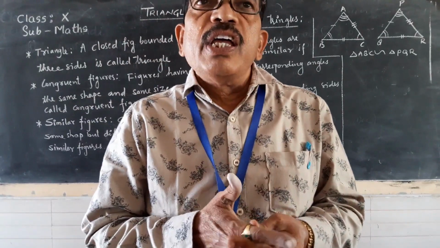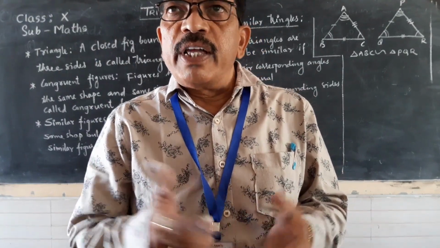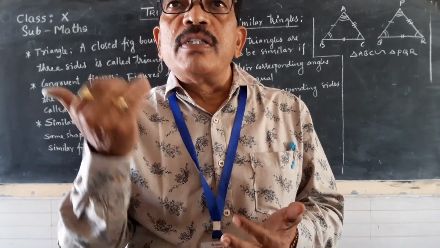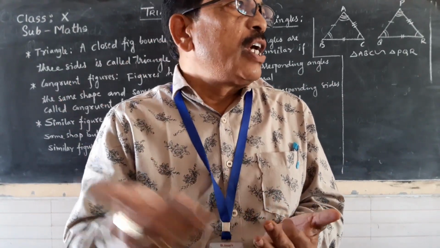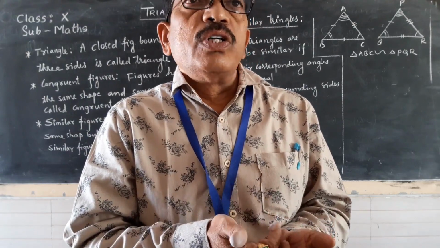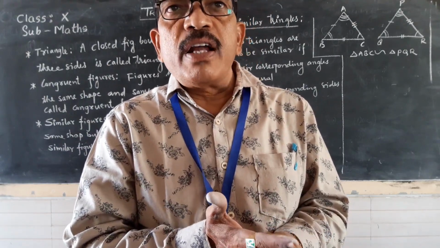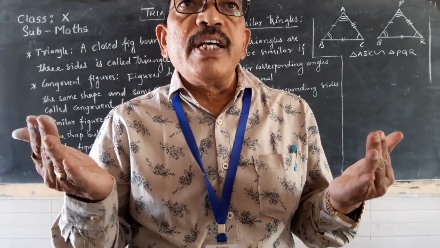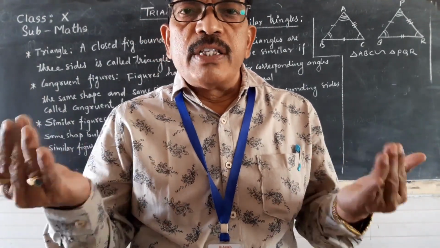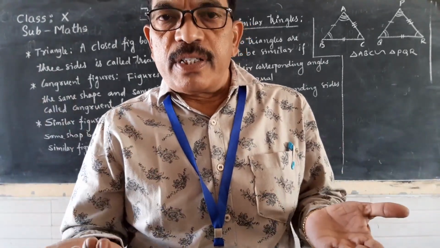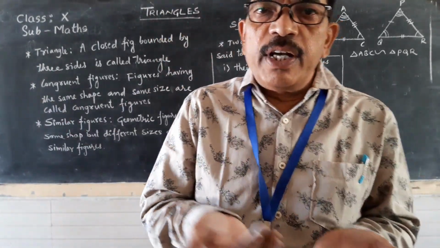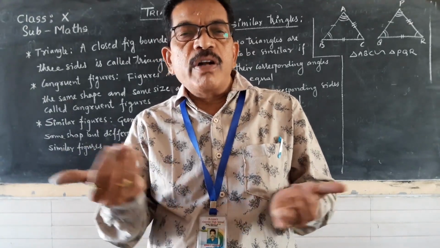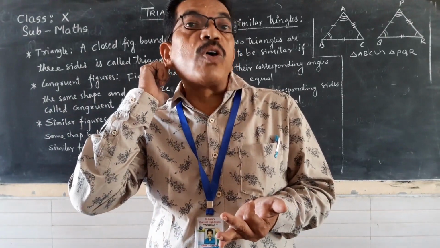But today in this topic, we have to learn about similar figures as well as congruent figures. Similar figures are the figures having the same shape but different sizes. Congruent figures are the figures having the same shape as well as the same size.